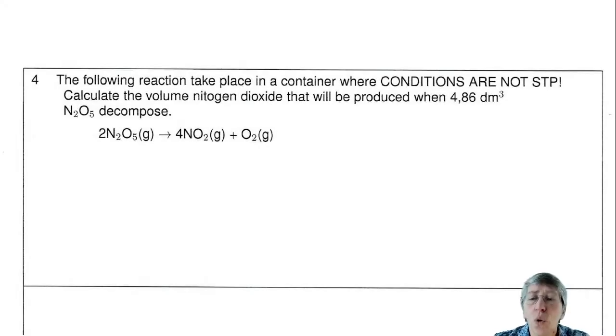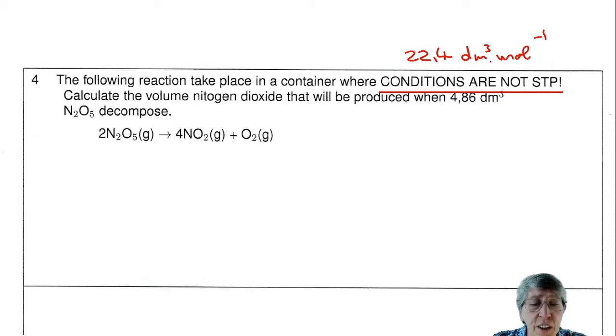In question 4, they tell us that the following reaction takes place in a container where conditions are not standard temperature and pressure. If conditions are not standard temperature and pressure, then that 22.4 is not true and you are not allowed to use that. But here it's no problem. They're asking us to calculate the volume of nitrogen dioxide.